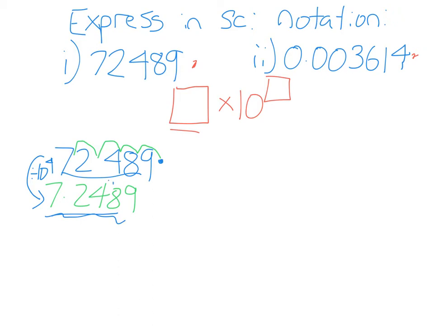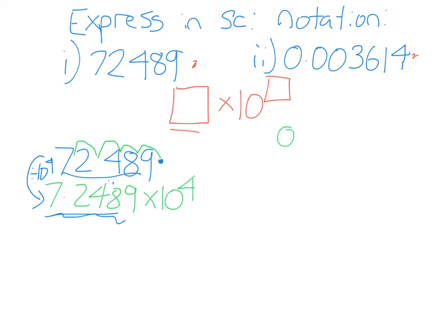Then instead of dividing by 10 to the power of 4, I need to cancel that out by timesing by 10 to the power of 4, okay? So 7.2489 times 10 to the power of 4. If I go and do this, I move the decimal point 4 to the right and I get the answer I started with, okay?